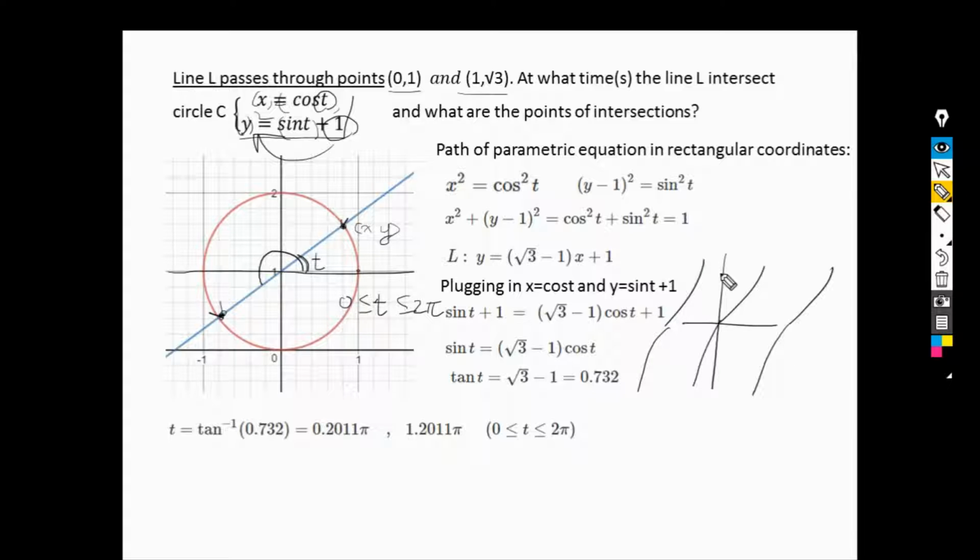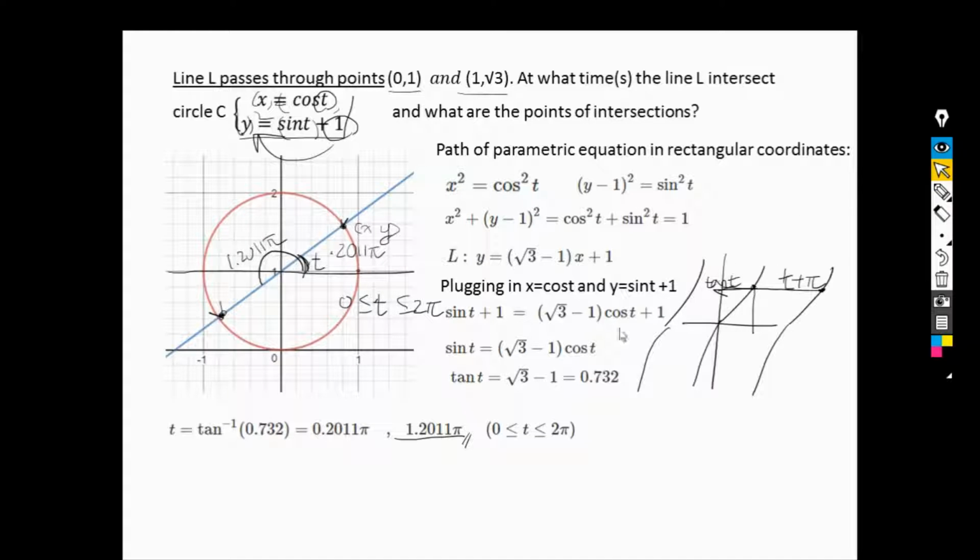So when t is here, then it'll be tangent t. But this will be t plus pi, and it'll have the same value as tangent t. So as long as t is less than or equal to 2 pi, we need to find the second t, which is here, 1.2011 pi. So you can easily guess this is 0.2011 pi, and this angle is 1.2011 pi.